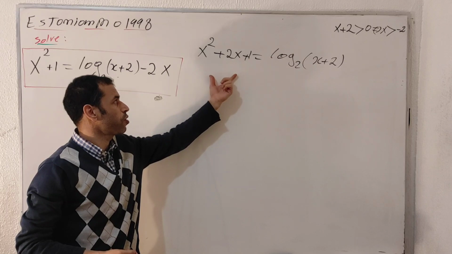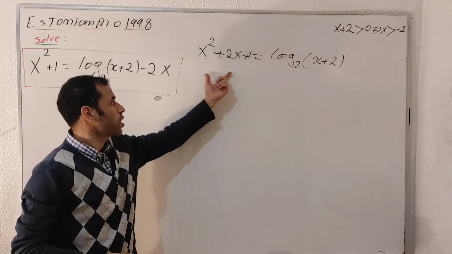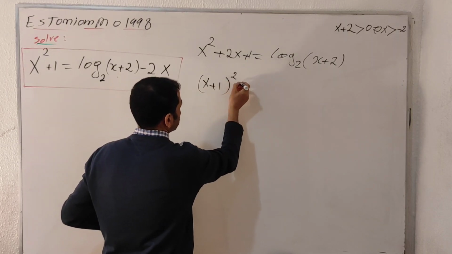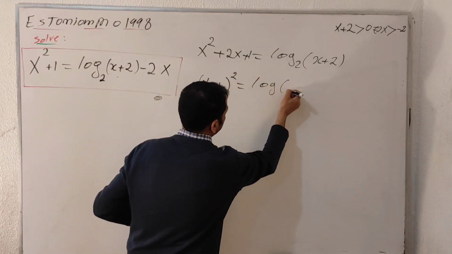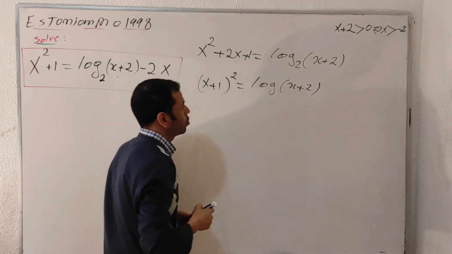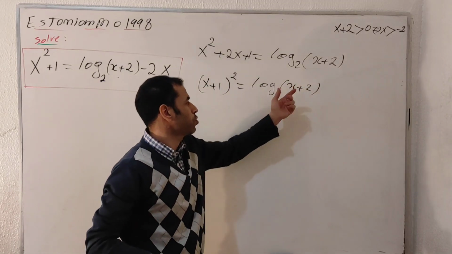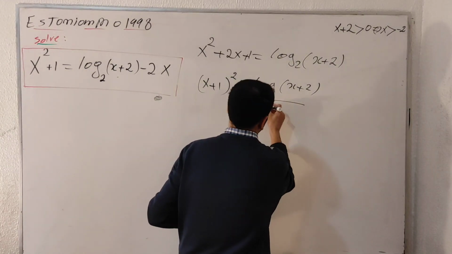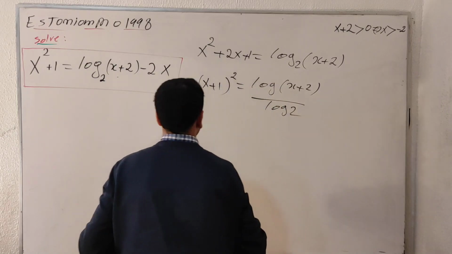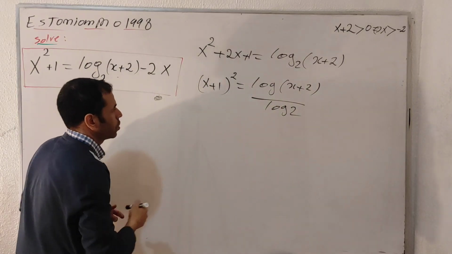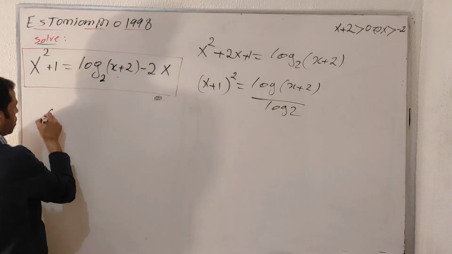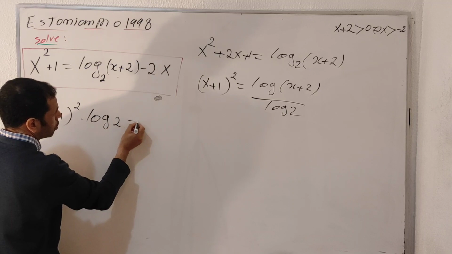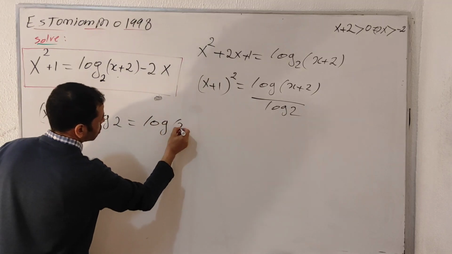The left side can be written in the form of a perfect square, which is (x plus 1) squared. We will have (x plus 1) squared equals log base 2 of (x plus 2). As we know, log base 2 of (x plus 2) is log of (x plus 2) divided by log of 2. So by multiplying both sides by log of 2, I will get (x plus 1) squared multiplied by log of 2 equals log of (x plus 2).